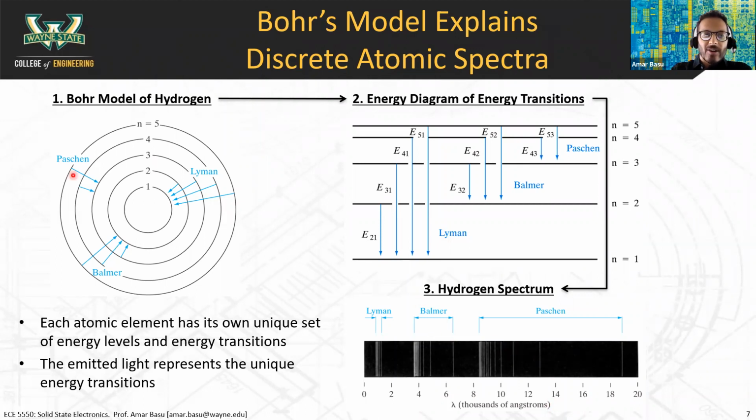And that's ultimately how they determined the different energies of the different energy levels. What's the difference in energy between energy level 3 and 4, and then 4 and 5? Based on these observations, the discrete wavelengths and the spacings between them, they could determine the specific energy transitions and figure out mathematically what the different energy levels are for each one of these orbits around the nucleus.